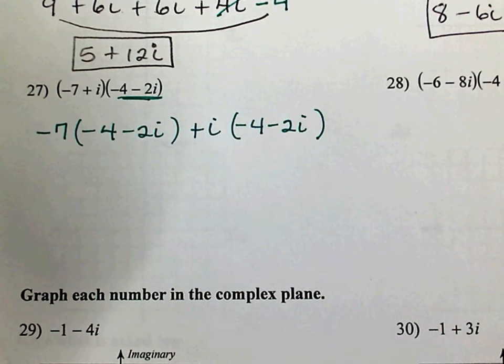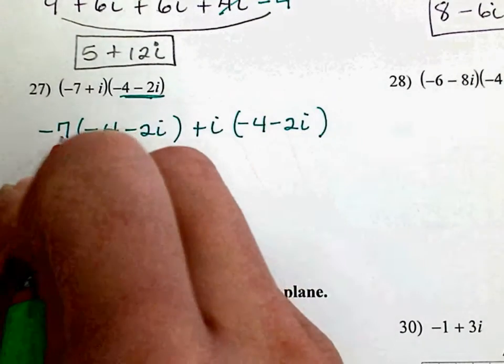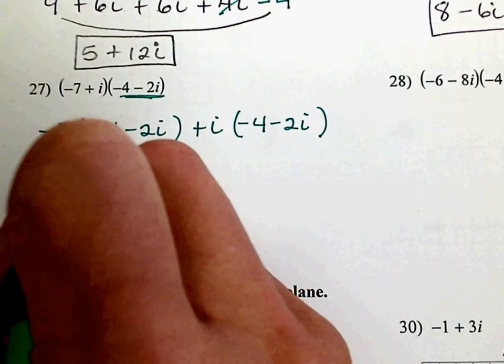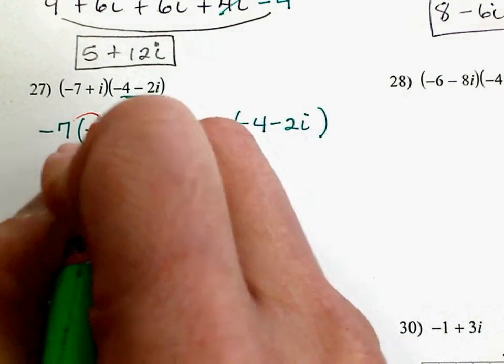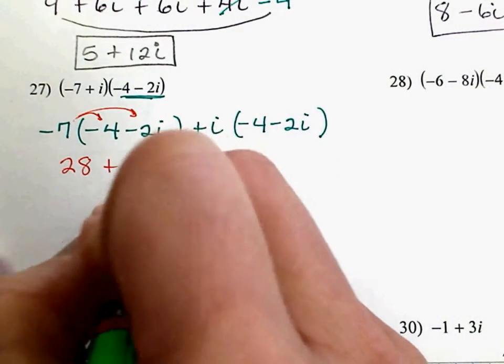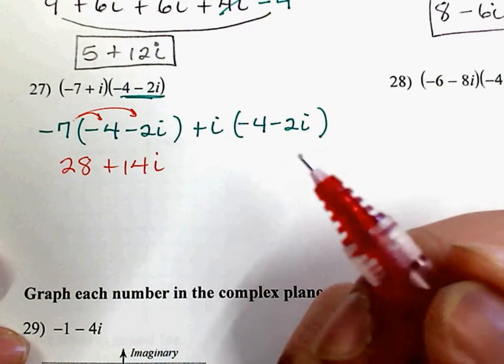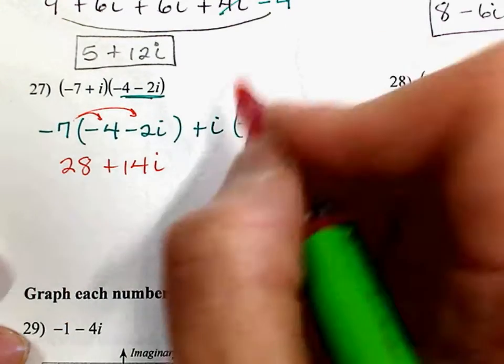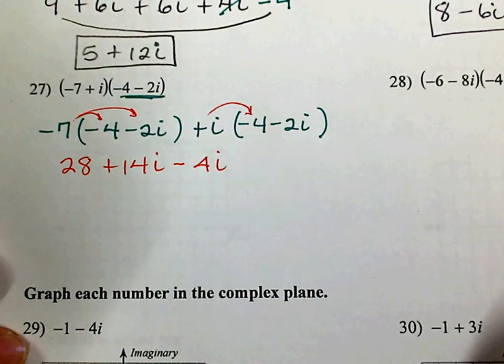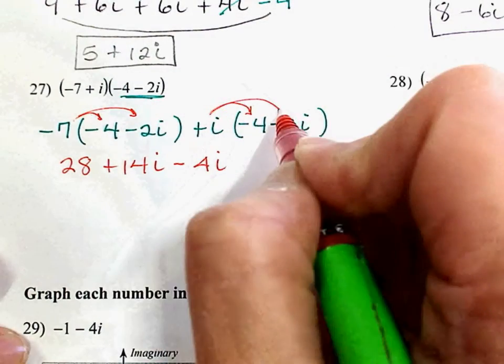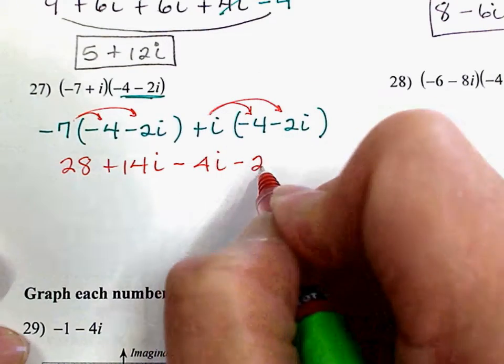Distribute, right? Negative 7 times negative 4 is 28. Negative 7 times negative 2i is not negative, positive 14i. i times negative 4 is negative 4i. And i times negative 2i is negative 2i squared.